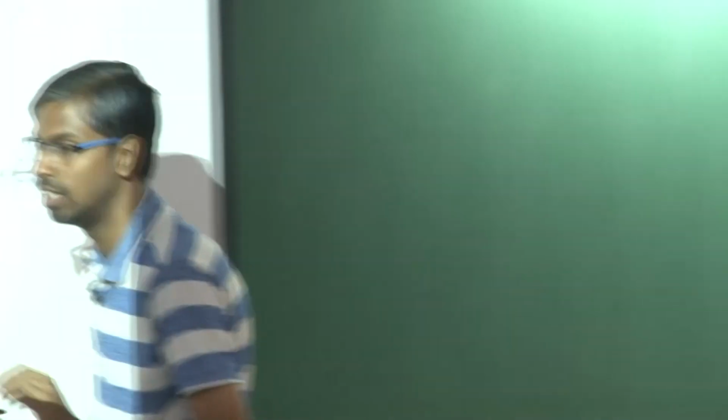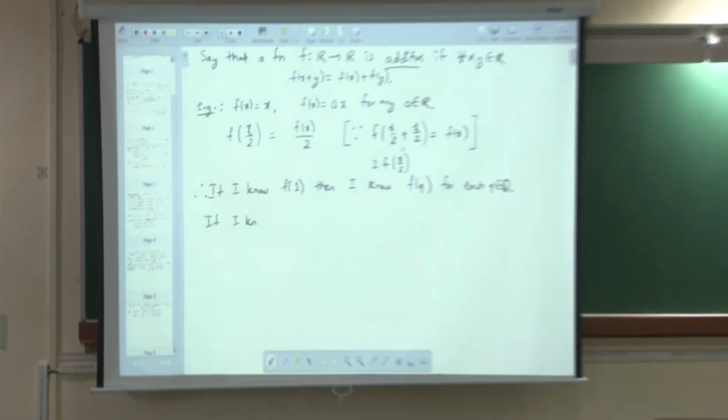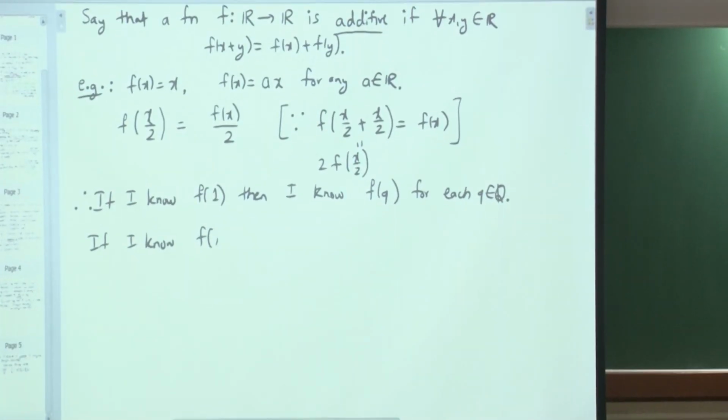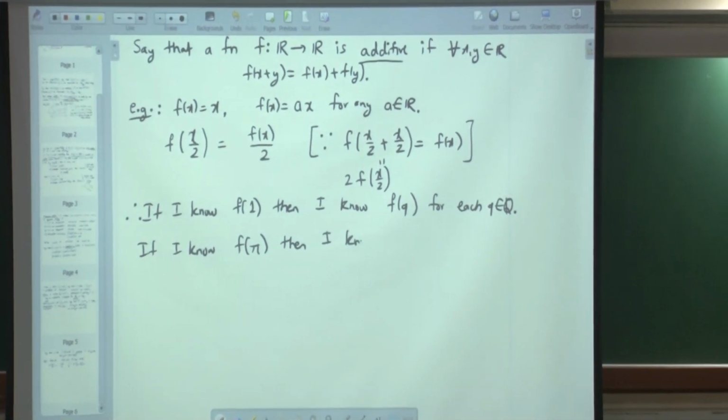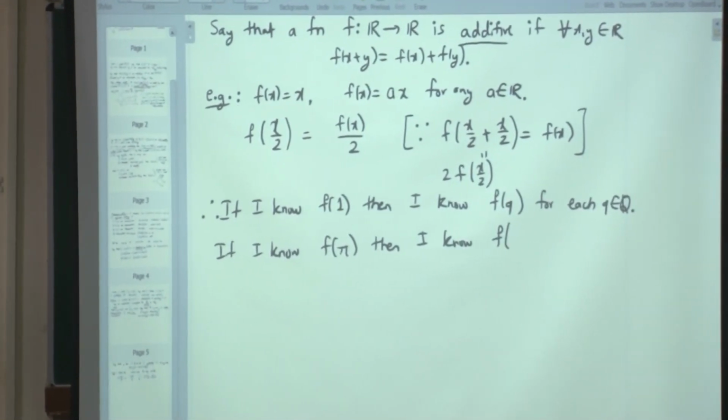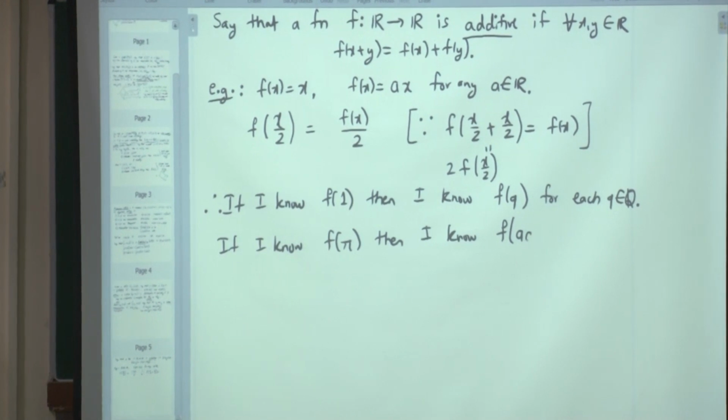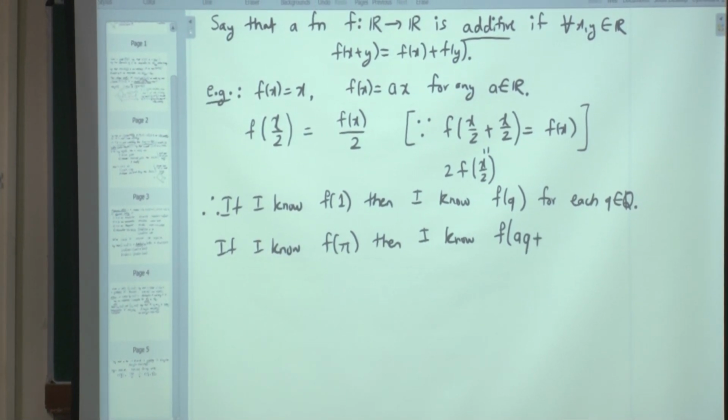Okay, so let us recap what we have said so far. If I know f of pi, then I know f of a plus b pi for a and b in rationals.